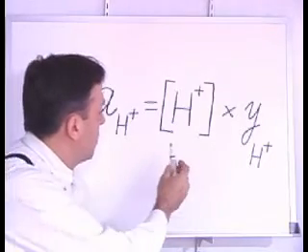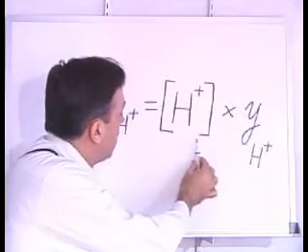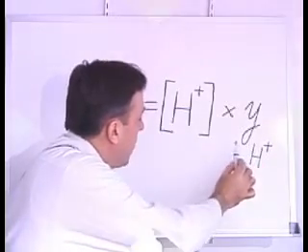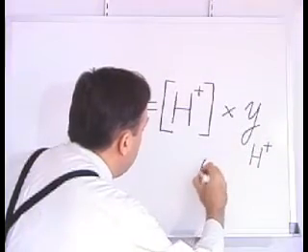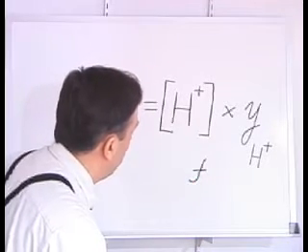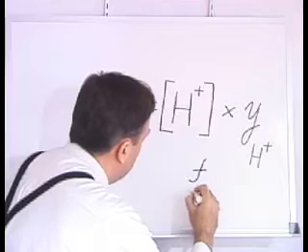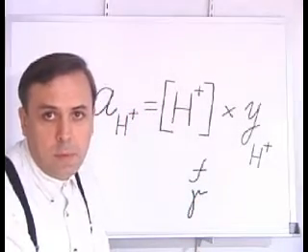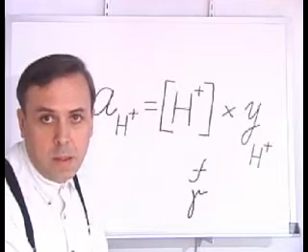Usually by convention, when the concentration is expressed in molarity as here, the activity coefficient is denoted by y. If mole fraction is used as a unit of concentration, then the letter for the activity coefficient is f, while the activity coefficient is denoted by gamma if the concentration is expressed in molality.